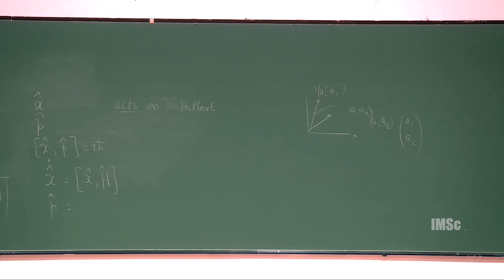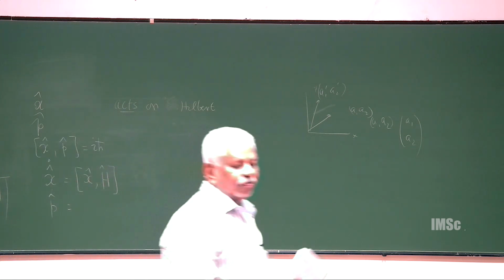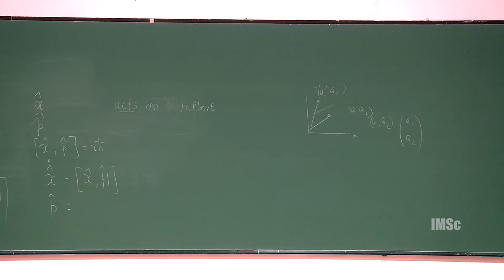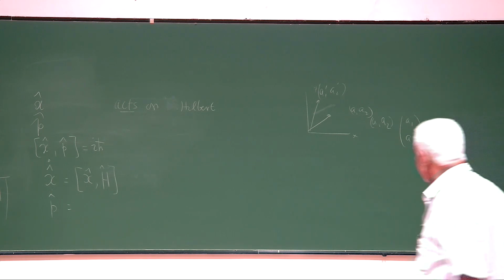In vector things we know this as active transformation and passive transformation. Passive is vector remains the same, but the whole coordinate system is rotated. That's what is the thing. Okay? So that is the only difference and both are one and the same.